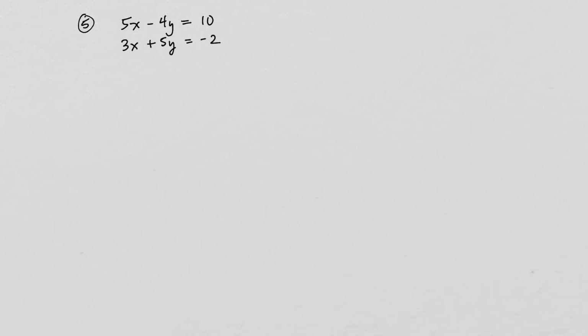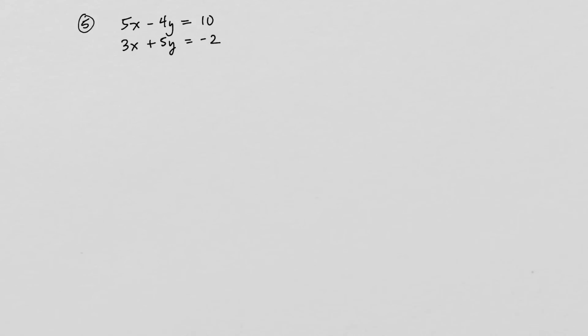If I want to solve this using elimination, which is the method I'm going to use here, notice that neither the x's nor the y's have the same coefficient in front. So this means, first of all, I need to pick which variable I would like to eliminate. And secondly, I need to get those coefficients in front of that variable to be opposites of each other.